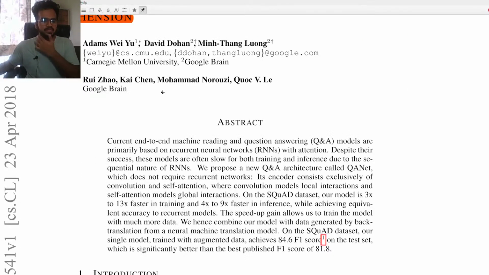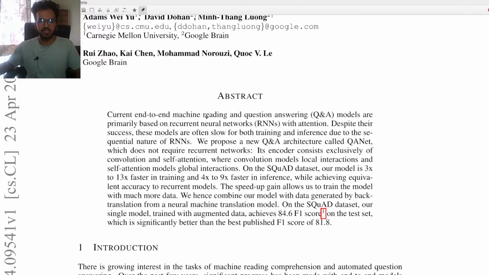As we can see, current end-to-end machine reading and question answering problems are primarily based on recurrent neural networks. We also had attention, but it was in recurrent neural networks itself. We used to compute dot products with a single query against a lot of context to find its relevance, especially in machine translation.